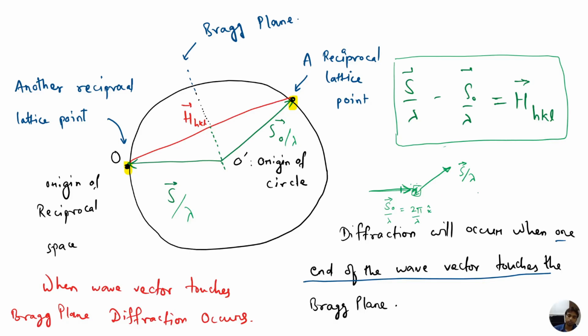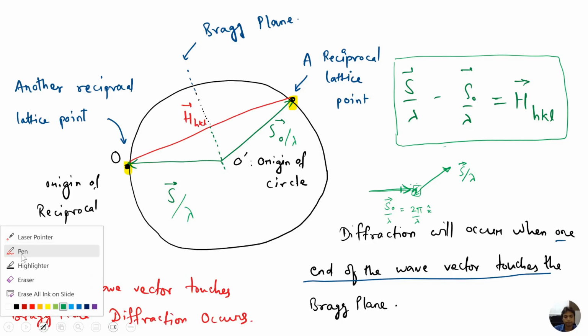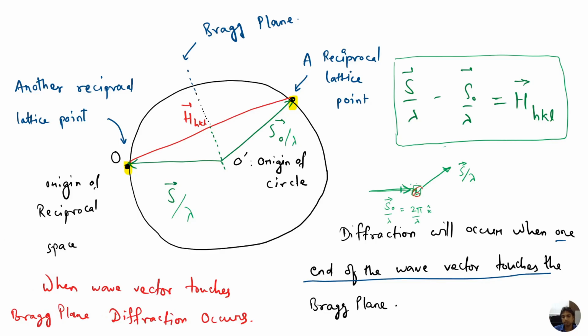Now in real space, let's say here is your sample, you are sending in light like this, you are detecting like this. So S minus S naught will be this vector, if these form a triangle, a perfect triangle. So this is S by lambda minus S naught by lambda.